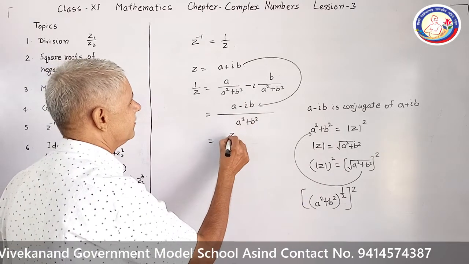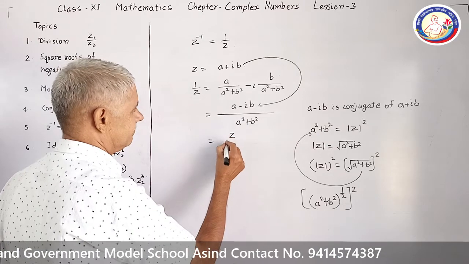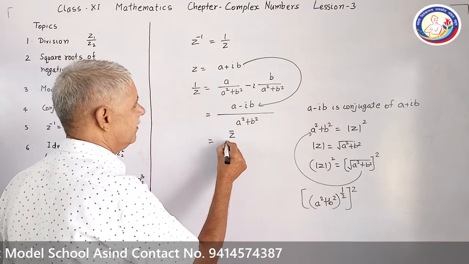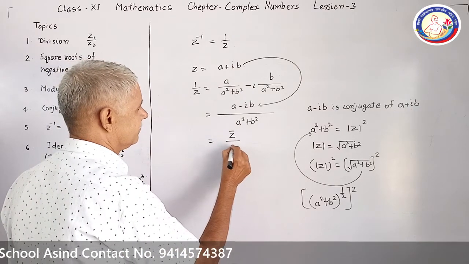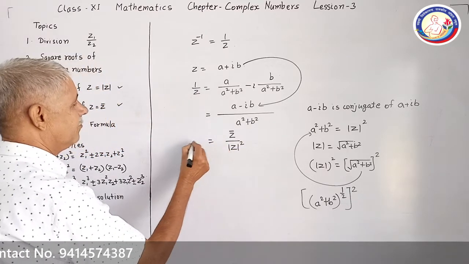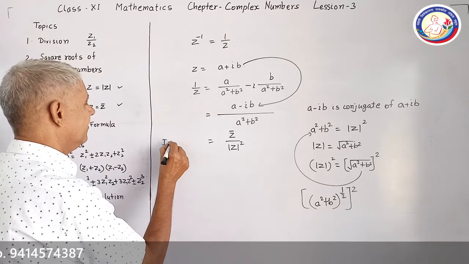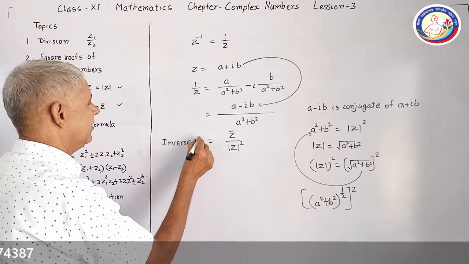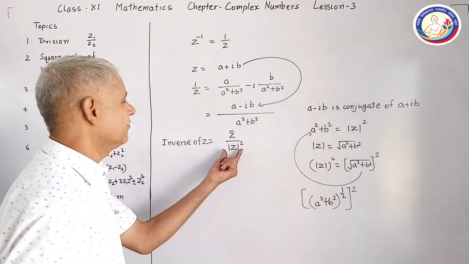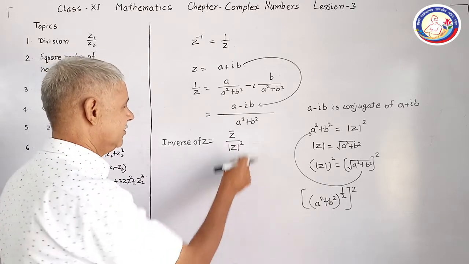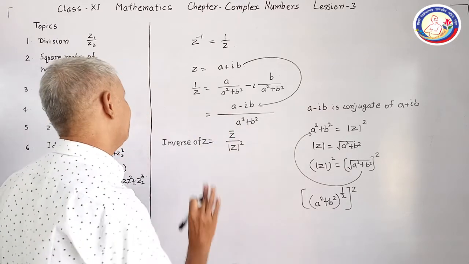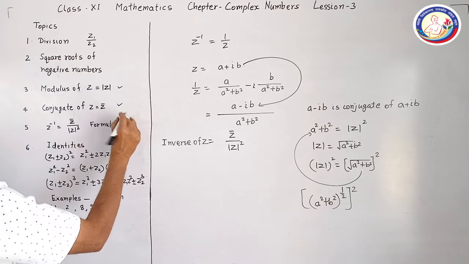We can write here z bar, this is conjugate of a plus iota b, and here we can write square of modulus of z. So this is one more formula, inverse of z. We can write inverse of z equal to conjugate of z divided by square of modulus of z. This is a very important formula to be remembered.